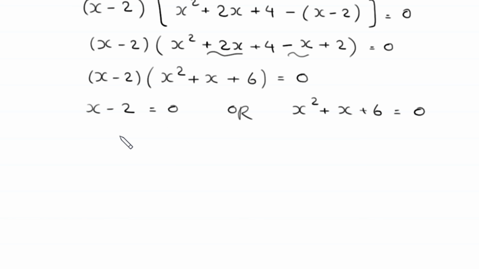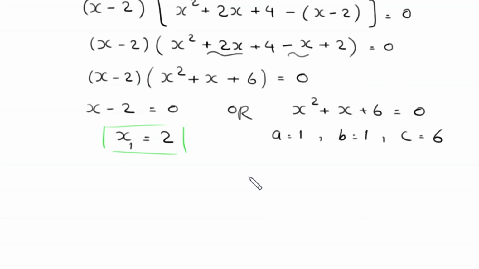From this equation, x is equal to 2. This is the first value of x. This is the first solution of this equation. Now from this equation, a is equal to 1, b is equal to 1, and c is equal to 6.